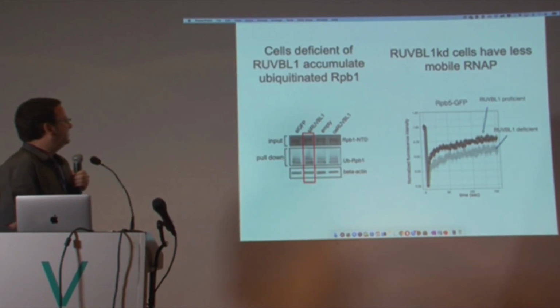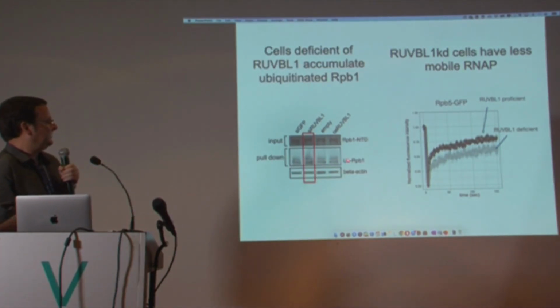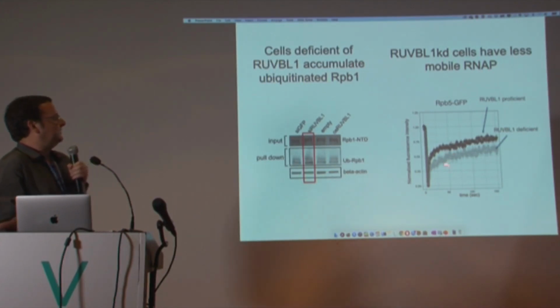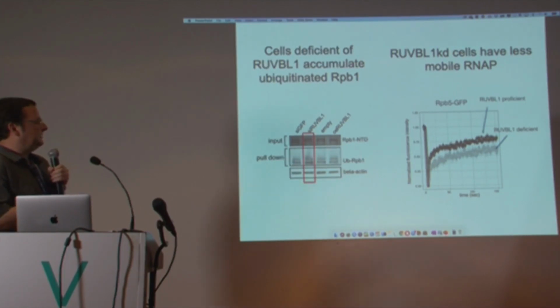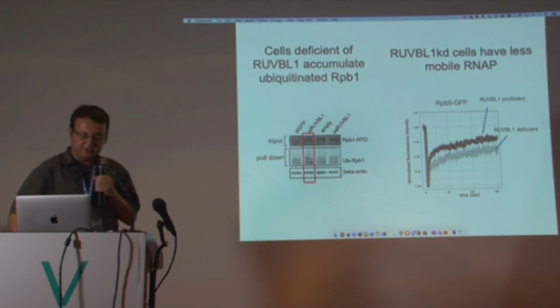We also saw an increase in ubiquitinated RPB1 subunit of RNA Pol II, as well as a lower mobility fraction in cells expressing RPB5-GFP following FRAP analysis. So overall, this data indicates that the mechanism described in yeast might be operational in mammalian cells as well.